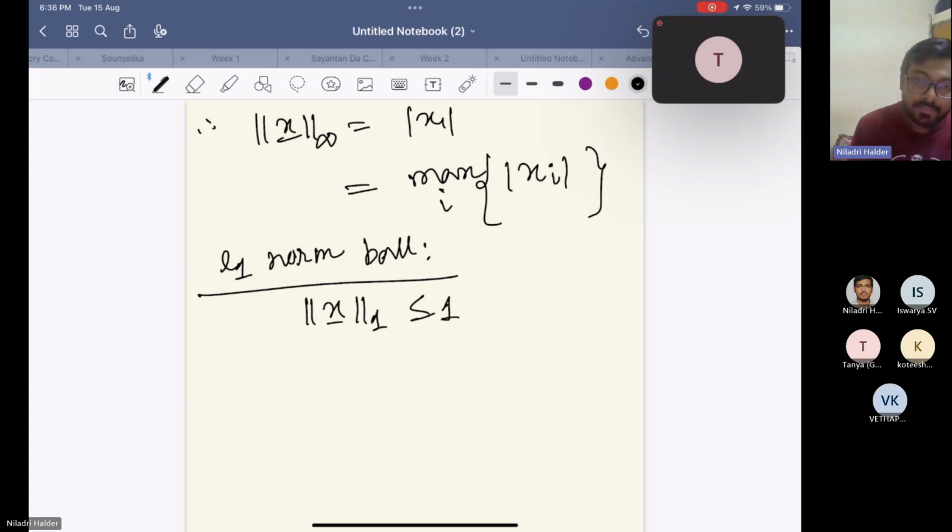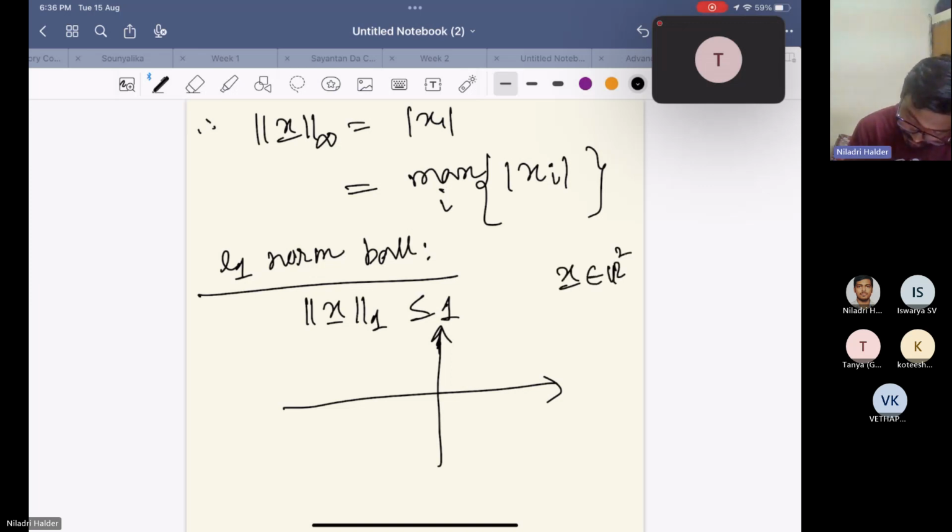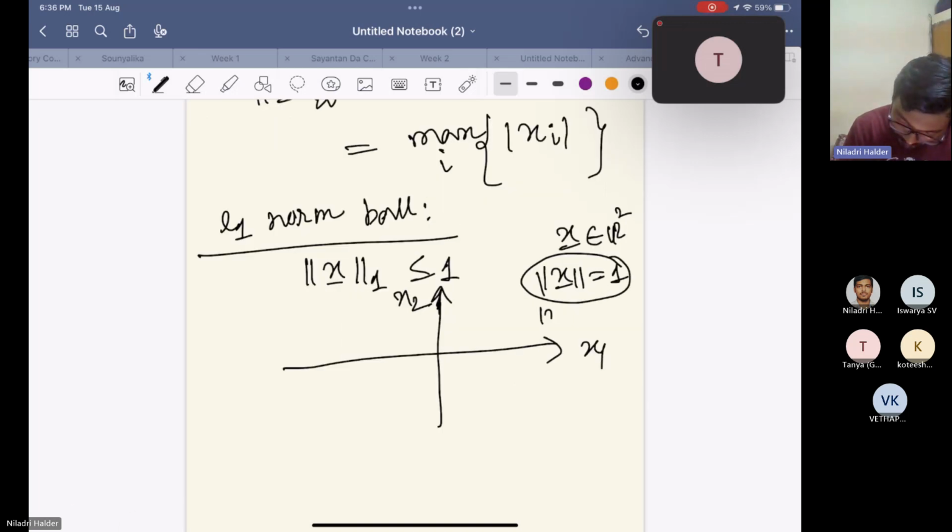Suppose this is a two-dimensional plane, so only two elements are there, x1 and x2. Suppose mod of x equals 1, that means mod of x1 plus mod of x2 equals 1.